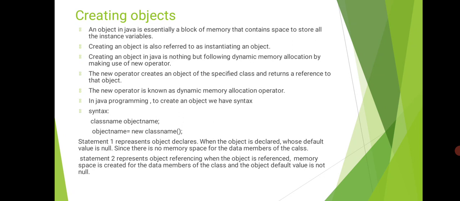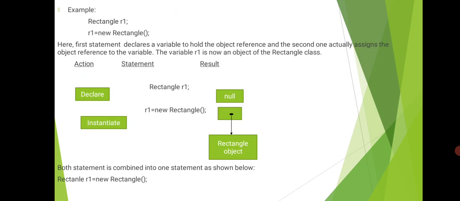Using the new operator you are creating an object. So it creates memory for the data members of a class, ಒಳಗಿರೋ data members ಗೆ memory allocation ಆಗುತ್ತೆ, and the object is pointing to a particular class, right? That is the syntax of the creation of an object using the new operator.